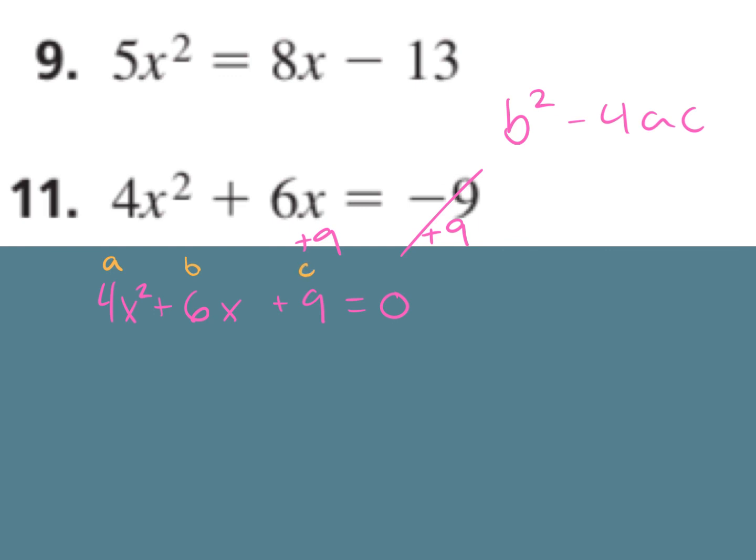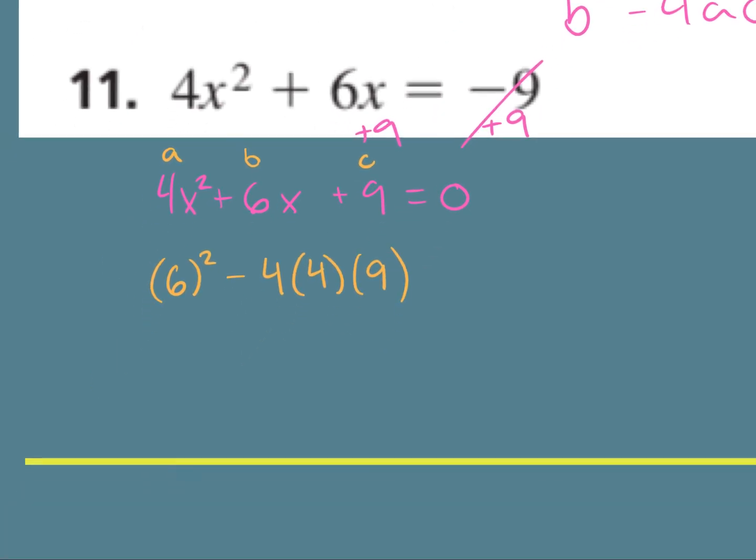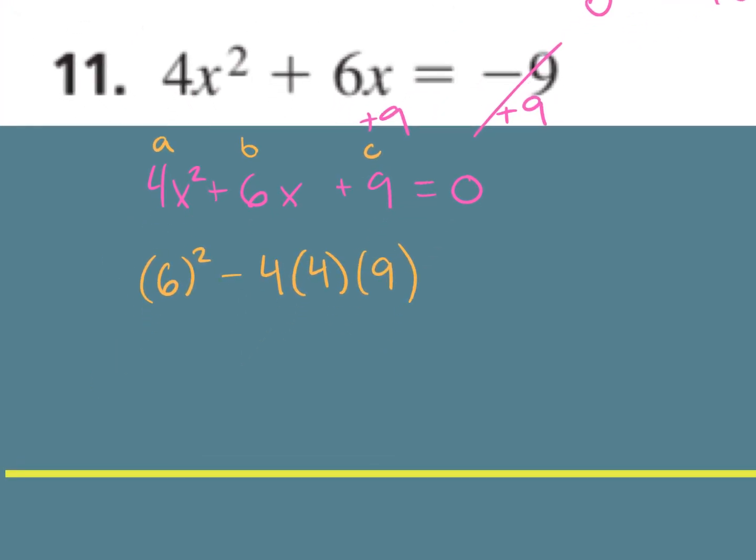So let's plug everything in. I have 6 squared minus 4 times a, which is 4, times 9. What's 6 squared? 36. And I have 4 times 4 times 9. So let's just start with 4 times 4, which is what? 16. And 16 times 9? 144.